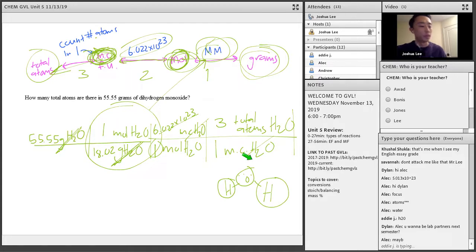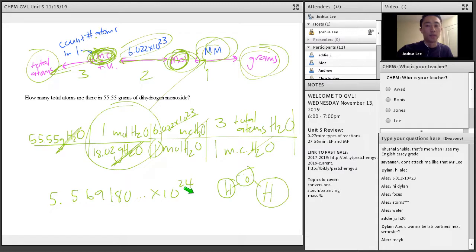Then you can multiply across, so it's 55.55 times 6.022 times 10 to the 23rd times 3 divided by 18.02, and you get 5. Ooh, I got a different number than Alec. 5.569180 times 10 to the 24th.